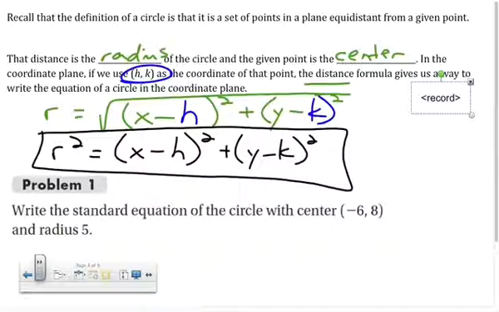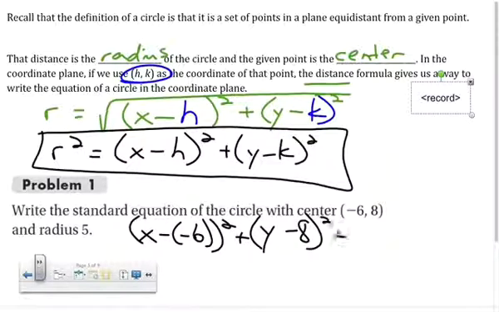This is the same idea. Okay? So, our equation becomes x minus negative 6 squared plus y minus 8 squared equals my radius squared.